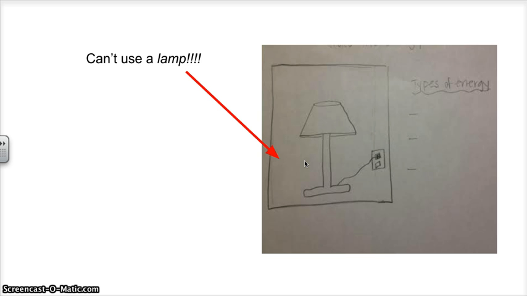And so going forward, you cannot use the lamp as your example. So since I chose the lamp, I drew it in my box. So you need to choose an object. Make sure it's an object that uses at least 3 types or forms of energy. Press pause to draw your object. Press play when you're done.